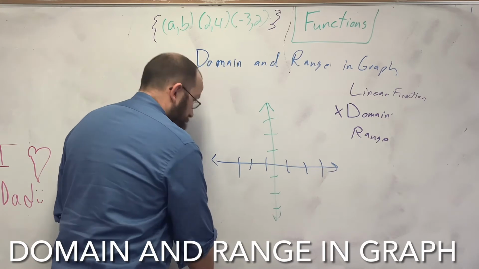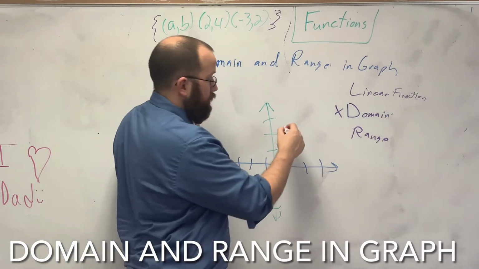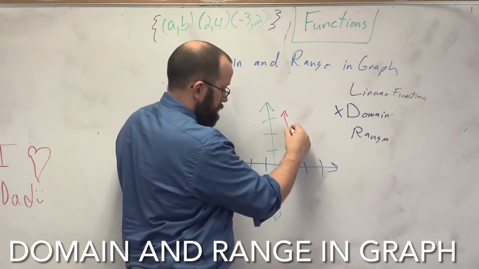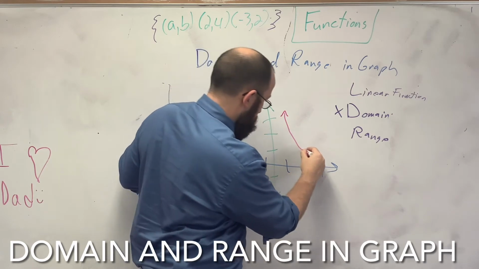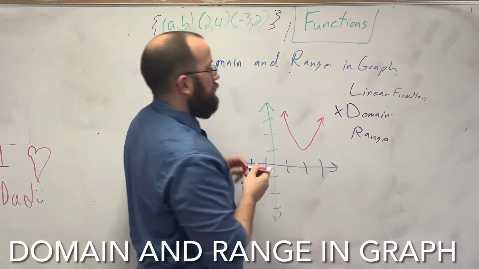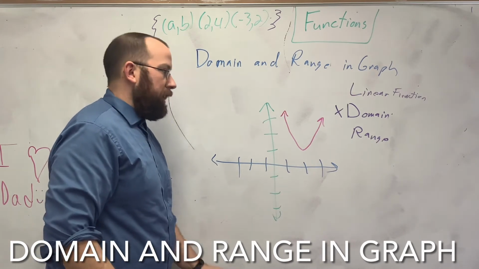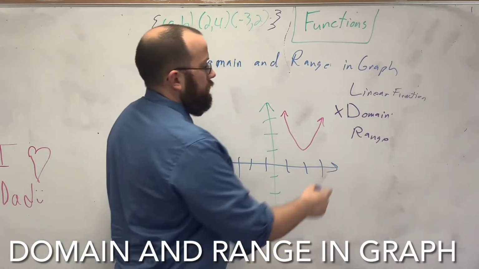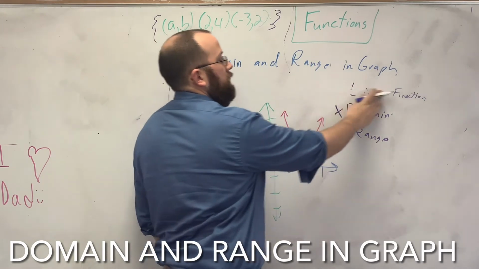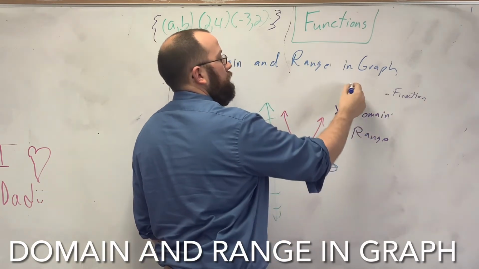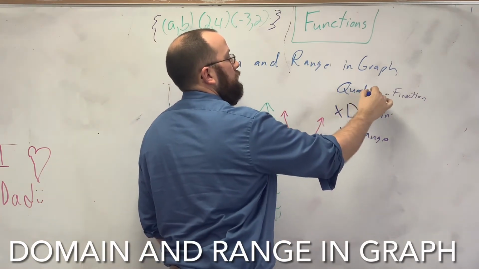We're going to draw a parabola. A parabola is the shape of, that's not a good parabola, but the parabola is the shape of a quadratic. So this is finding the domain and range of a quadratic function.